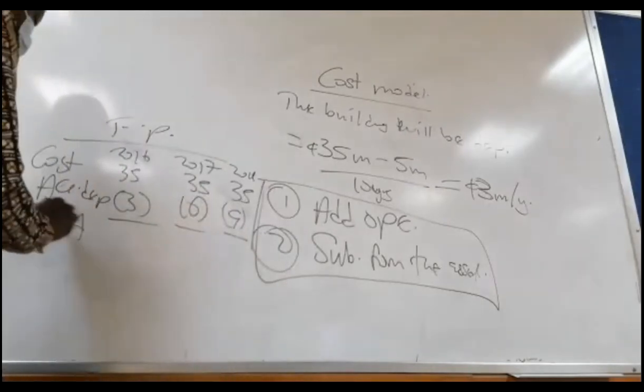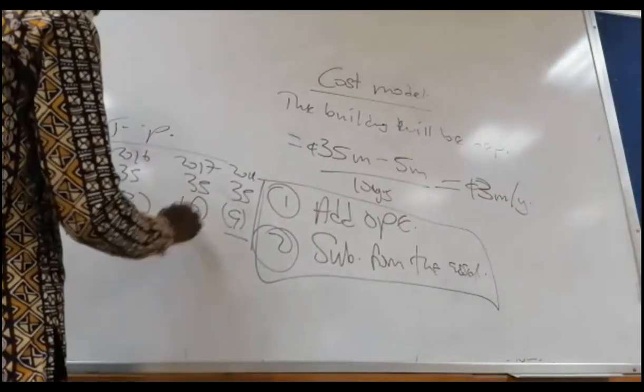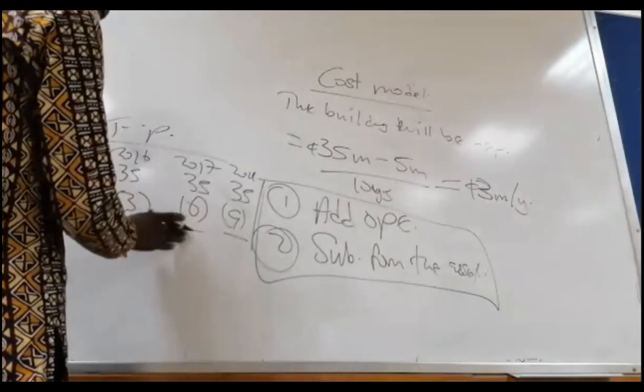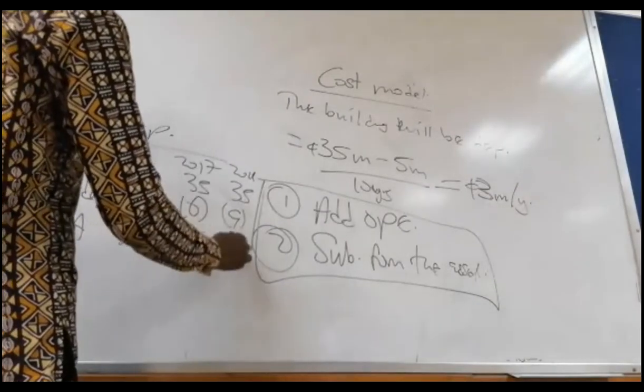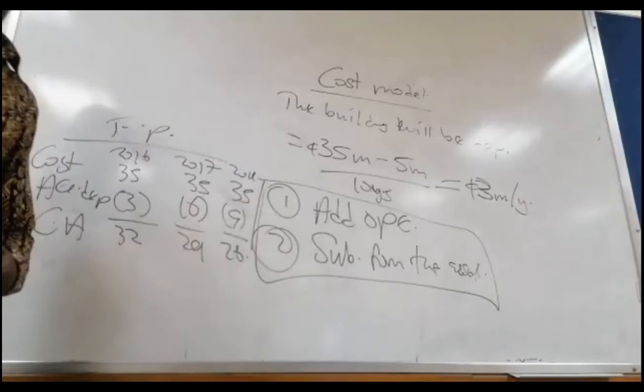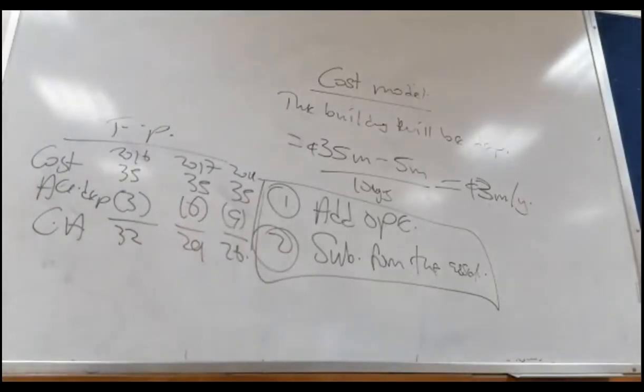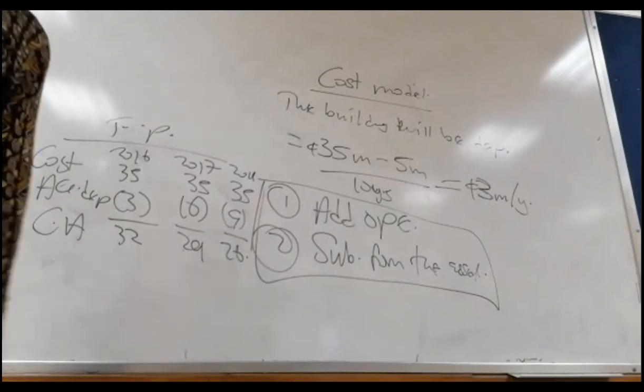Carrying amount of the building 32 million, 29 million, and 26 million. That's how it appears in the asset section. Okay, so that is the cost model.